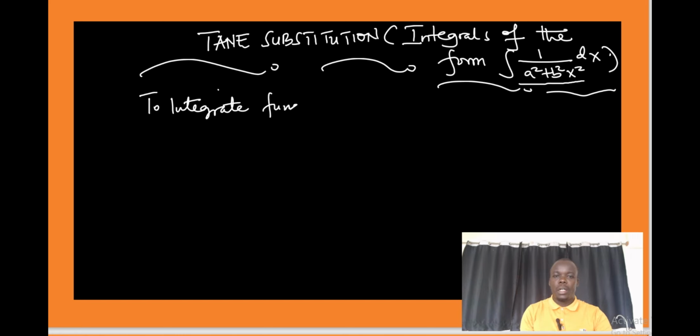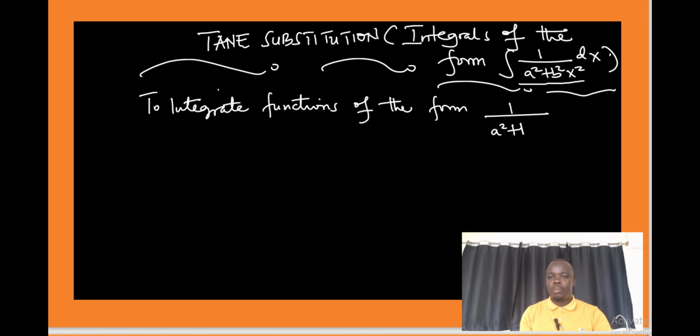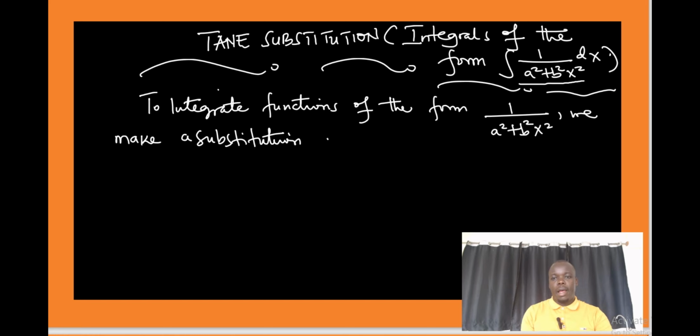Something to note is that even for today, to integrate functions of the form 1 out of a squared plus b squared x squared, we make a substitution. a squared plus b squared x squared is equal to a squared plus a squared tan squared of u.